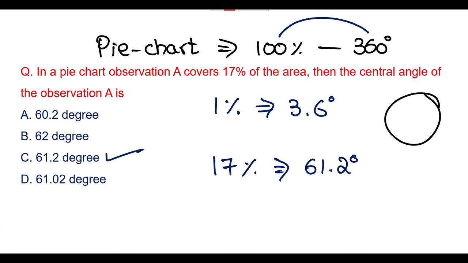Pie chart, that's a basic. Full circle 360 degrees, percentage must be 100% in pie chart. Any question you check, that must be 100%, or else the question itself is wrong, believe me. Now let's move to the next question. Clear with this?